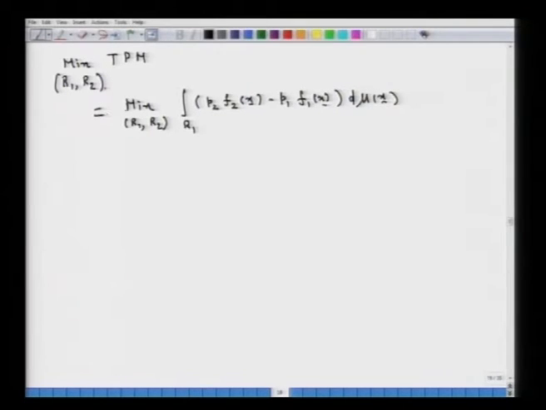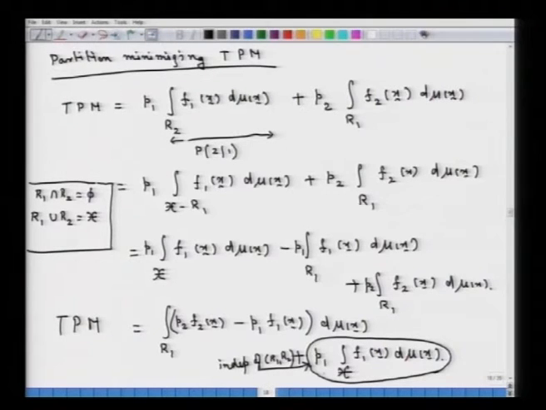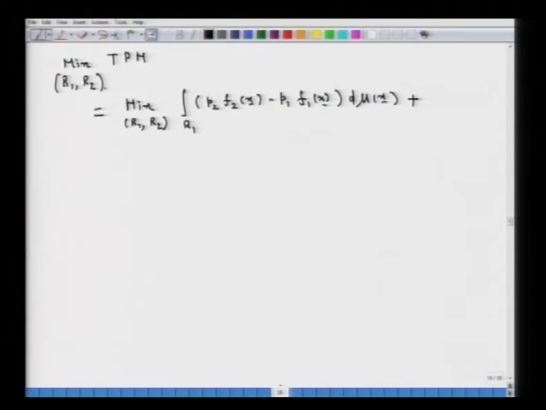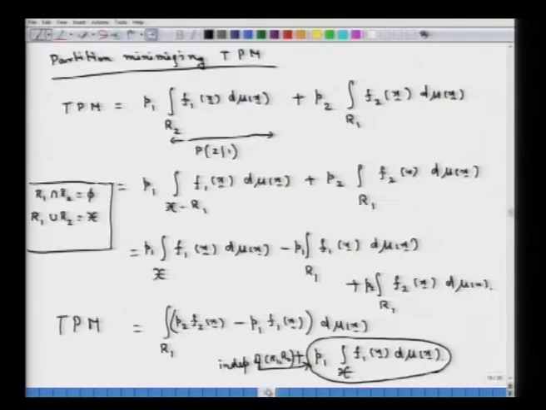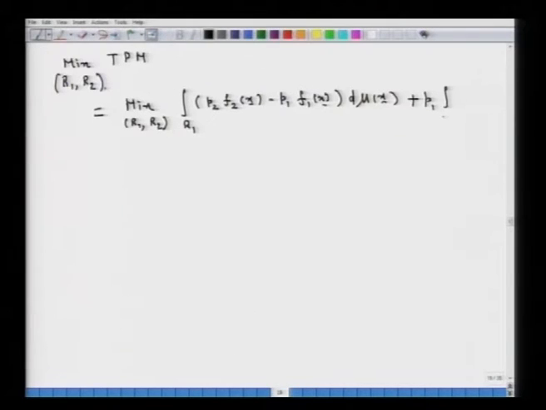The minimum of this is the minimum of that plus the constant term, which is P1 times the integral over script X of f1(x) d mu(x). So, we are trying to find out that R1 which minimizes this, and that partition would lead us to the partition which would minimize the total probability of misclassification.